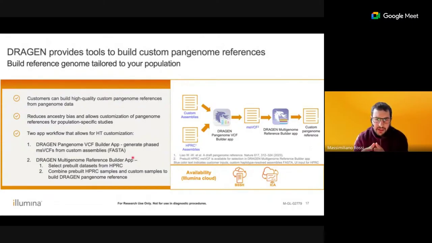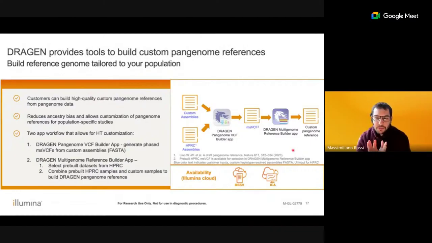When you bring your own human assemblies, you process them with the Dragon Pangenome VCF Builder app, the first app, which generates phased variant calls with respect to a given reference genome. Once a set of single sample calls is generated, you use the second app, the Multi-Genome Reference Builder app, to create a Dragon hash table with the samples that you processed and selected.